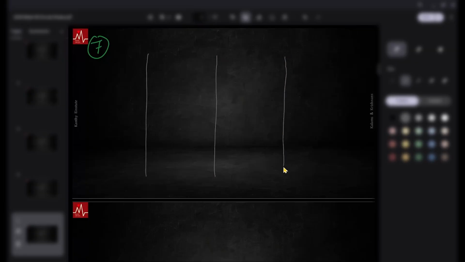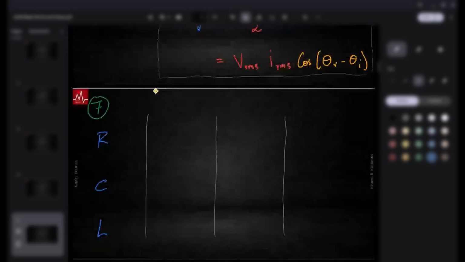Let's put one more line. Three things that we want to compare are the cases. What shows up there is theta V minus theta I. So let's write theta V minus theta I.